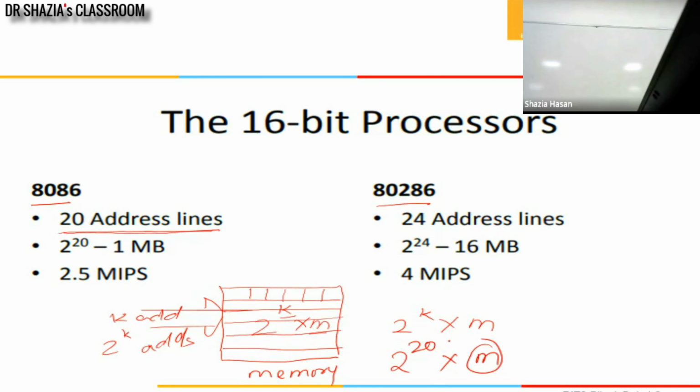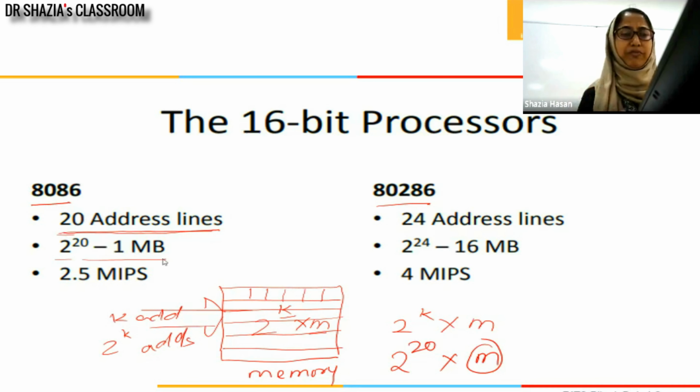That is why, just knowing the number of address lines, the maximum size of memory which can be interfaced with the processor is written as 2 to the power 20 bytes, because we are looking at memories which are byte organized. Byte organized means each single address is capable of storing 8 bits of information. So the 8086 processor can support a maximum of 1 megabyte of memory.